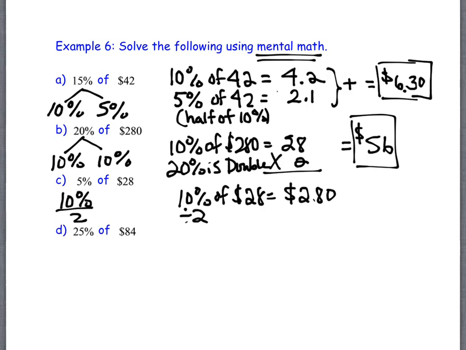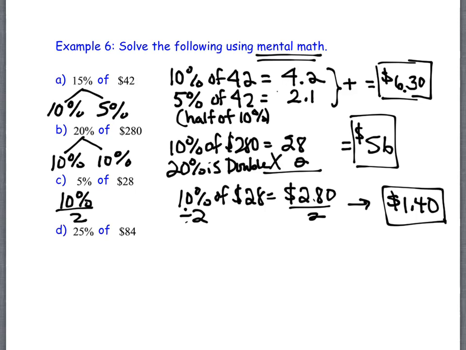And then we're going to divide by 2. What's that going to give me? $1.40. Thank you. Somebody's going to say it out loud eventually. $1.40. You betcha. So $1.40.